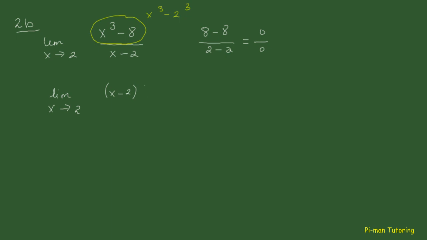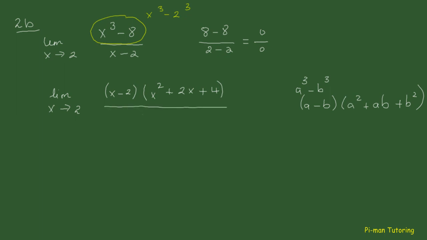And the second term, if you remember, let's write it over here, a cubed minus b cubed is a minus b into a squared plus ab plus b squared. So substituting in those values over here, that means we need an x squared, we need a plus 2x, and we need a plus b squared, which will be 2 squared or 4.